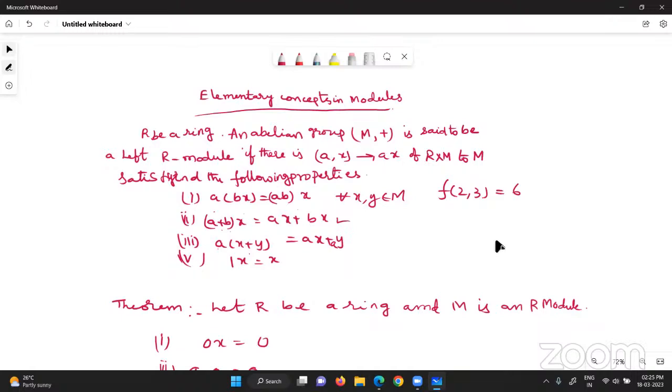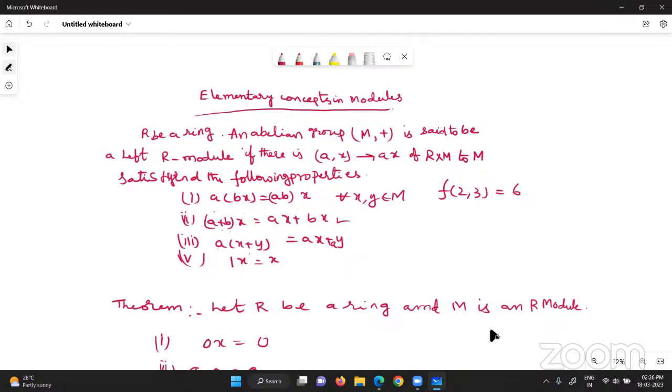What do you mean by an R module, left R module or simply an R module? It satisfies the properties: a into bx is equal to ab into x, a plus b into x is equal to ax plus bx, a into x plus y is equal to ax plus ay, 1 into x equal to x.